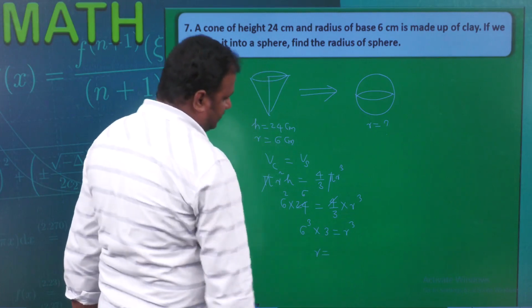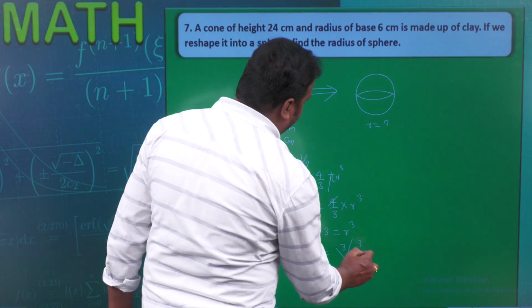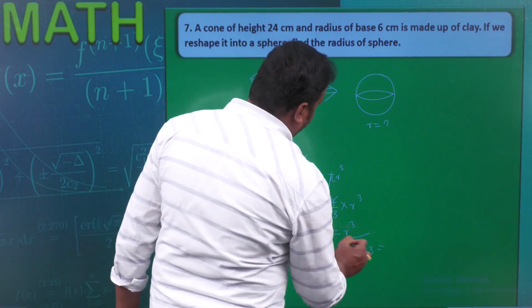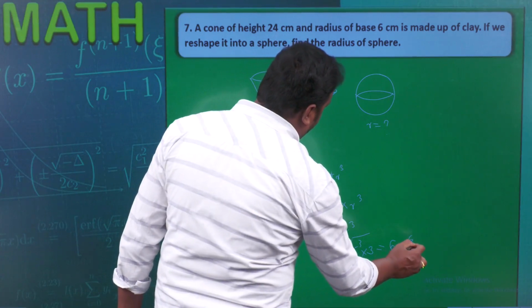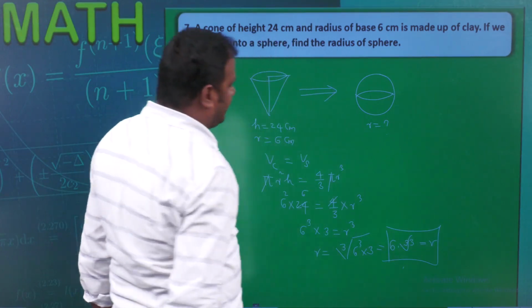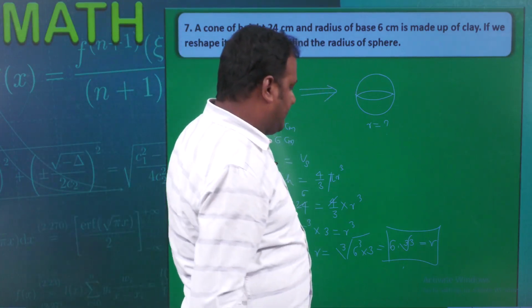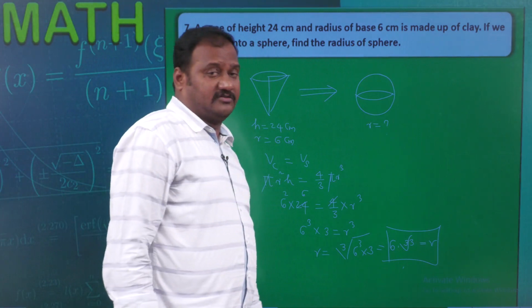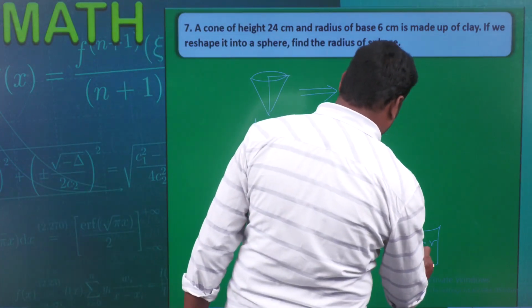Therefore r is equal to third root of 6 cube into 3. So you know that third root of 6 cube is equal to 6 into third root 3. Radius of the sphere is equal to third root 3 into 6 centimeters as per the information.